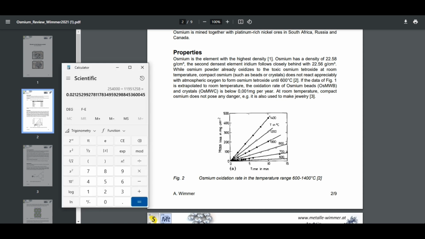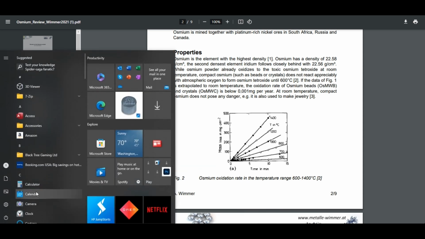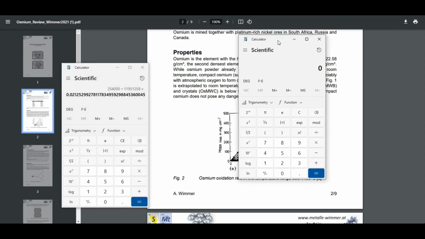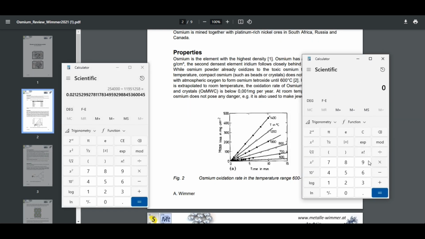Now let's just assume that the rate is 0.0005 milligrams per year, okay? And let's also assume that I have generously 70 years left to live, because I'm 31 now. Now let's multiply this by 70.